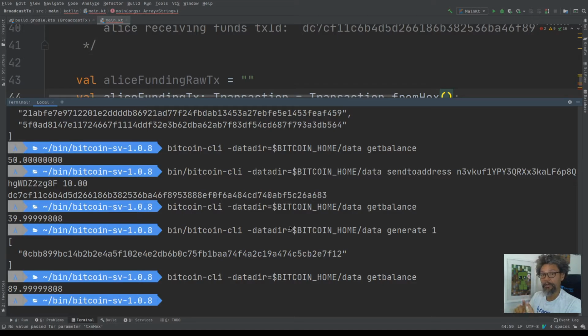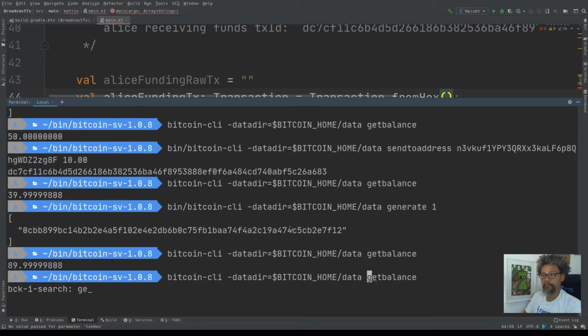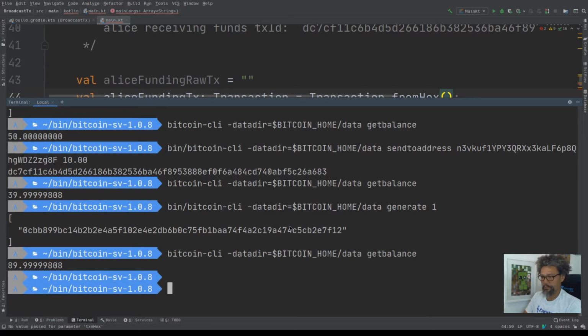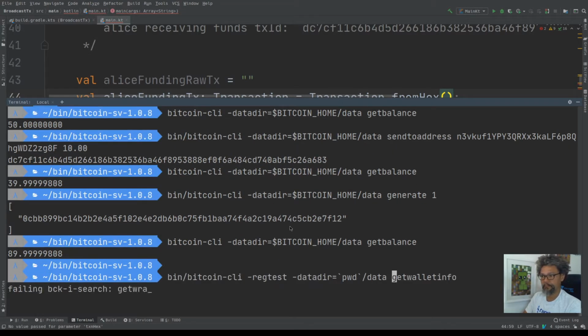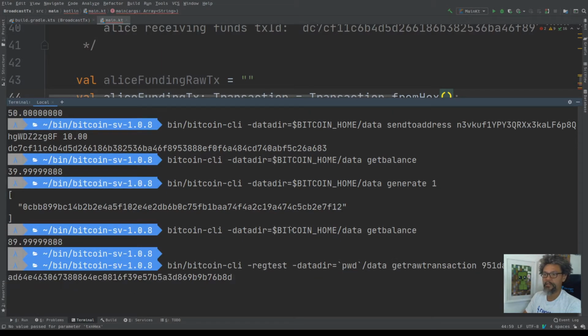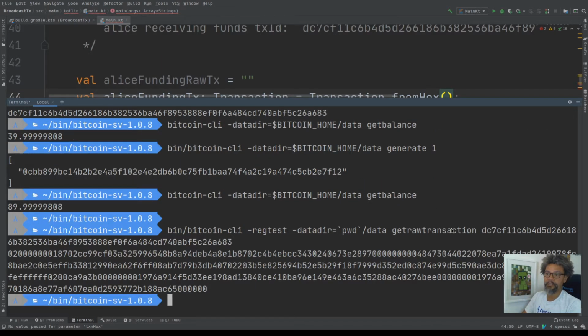There is an RPC command that we can issue to the local node using the Bitcoin CLI program. I want to get raw transaction, and I'm going to give it this transaction ID, and then tell it to give it to me.